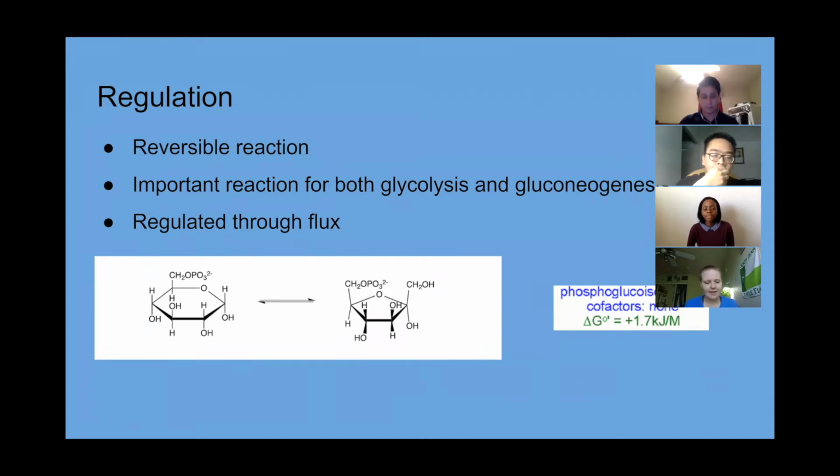This allows the reaction to proceed in either direction, and the enzyme is able to function in both glycolysis and gluconeogenesis. The enzyme is not necessarily regulated through an inhibitor or a kinase, but it is regulated through flux. This means that the enzyme maintains the equilibrium of glucose 6-phosphate and fructose 6-phosphate.